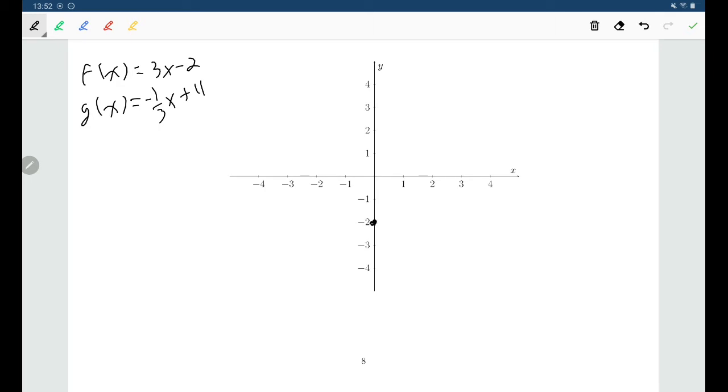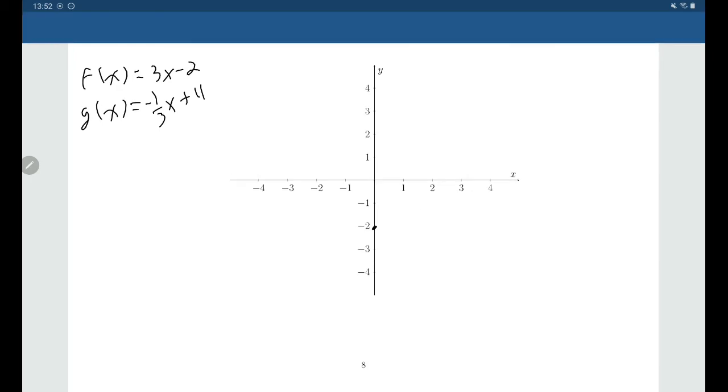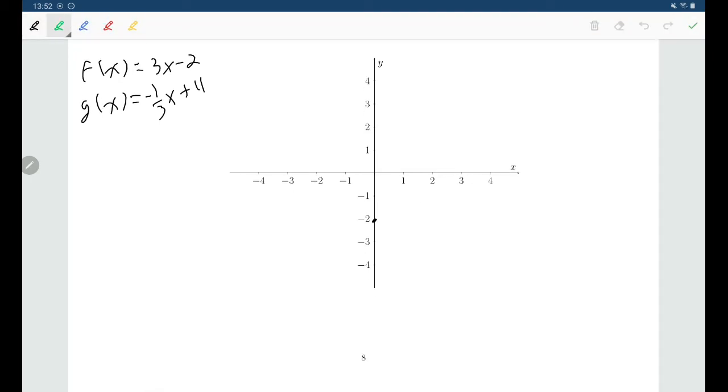And it has a slope of 3. If your slope is 3, that's the same thing as 3 over 1. In other words, for every 1 unit you go to the right, you should be going 3 units up. So that means if we go 1 to the right and 3 units up, then the next point on our line should be the point 1, 1.